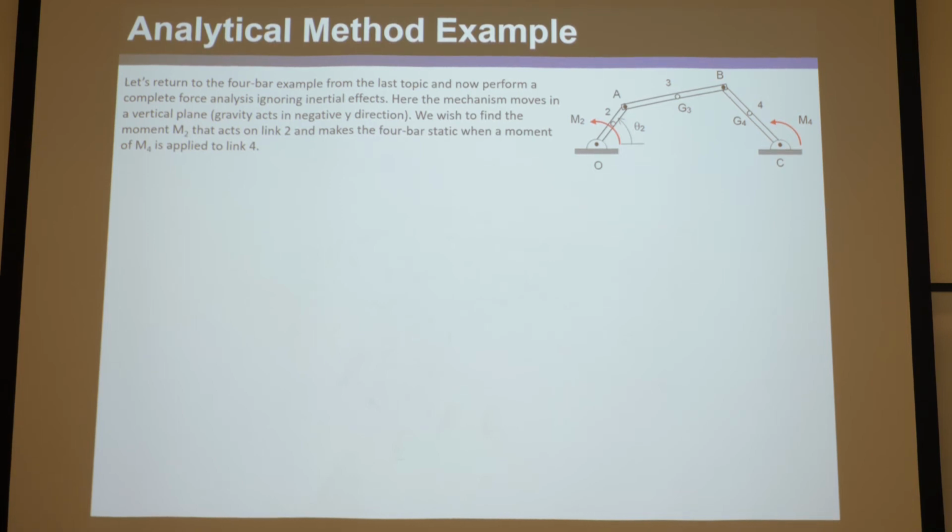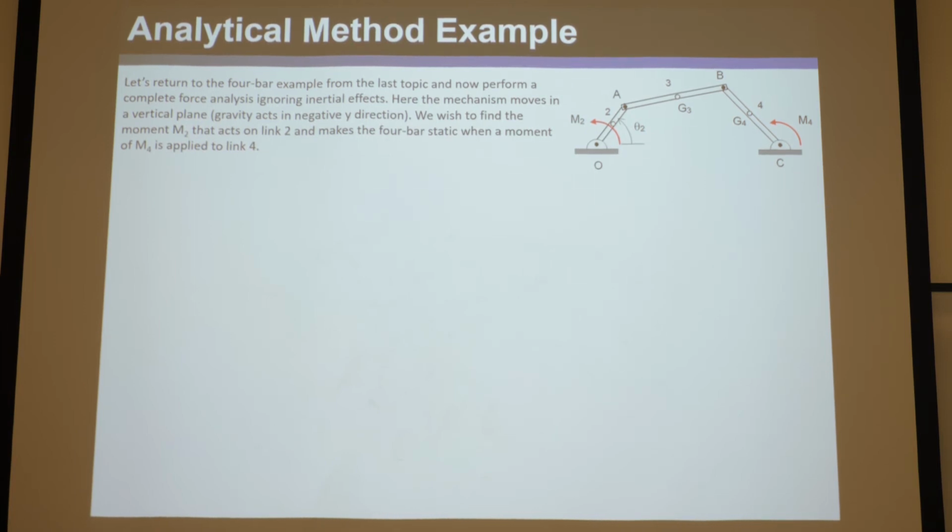The question is, what is the value of that moment that will hold up the weight of the mechanism and resist M4 so that the mechanism is static? It doesn't move. You take pictures of it over time and it's in the exact same position.